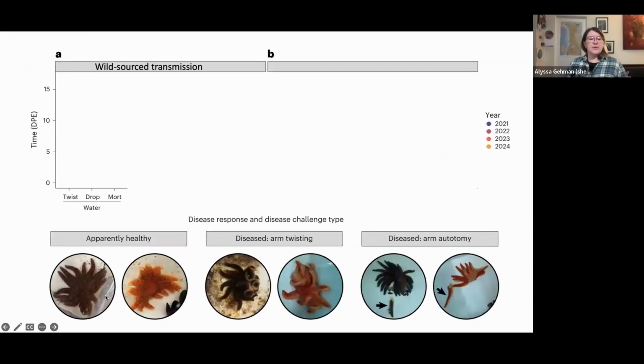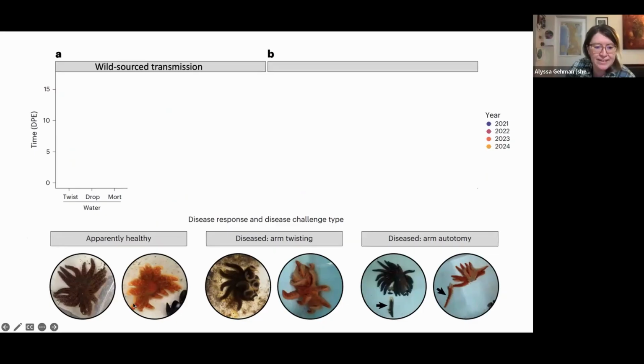Okay, so those experiments, I was talking about coelomic fluid. I'm going to show you results from a whole range of experiments using different ways of transmitting disease. So same kind of idea, we just use different things to do the transmission. And before I start showing you the data, I want to show you the 3 different stages that I think I've talked about.